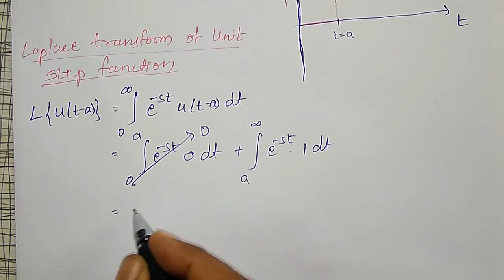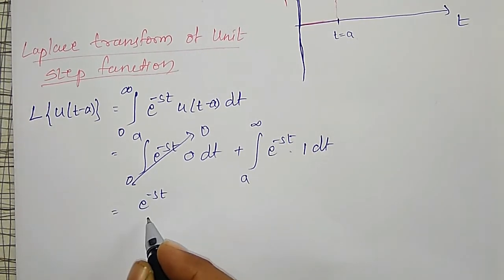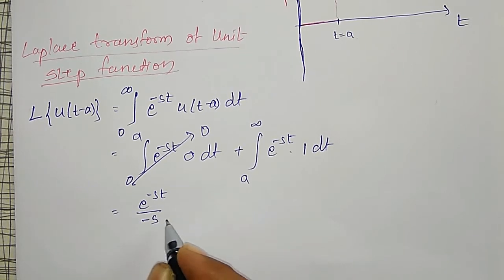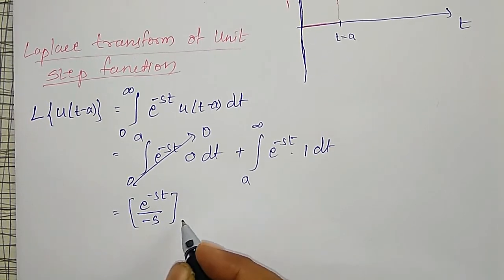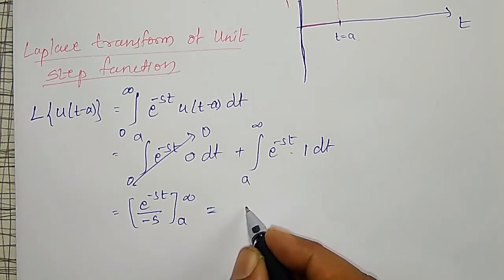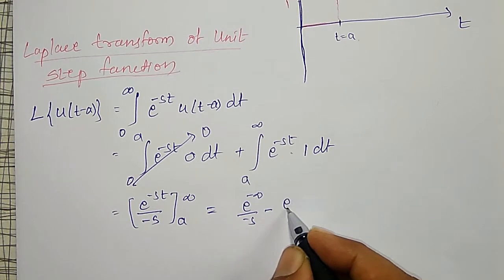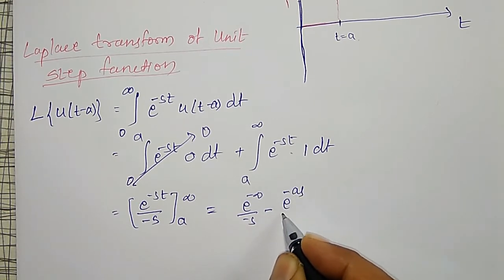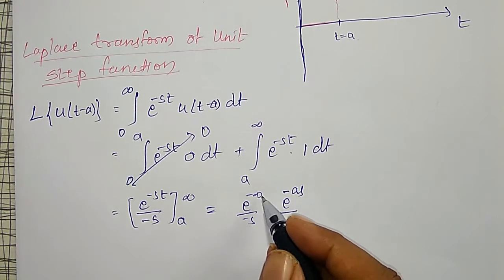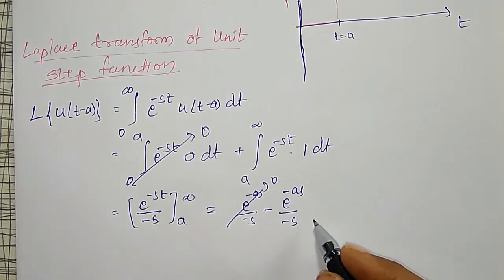Now the integration of e to the power minus st is e to the power minus st divided by minus s between the limits a to infinity, upper limit minus lower limit: e to the power minus infinity divided by minus s minus e to the power minus as divided by minus s. E to the power minus infinity is 0.